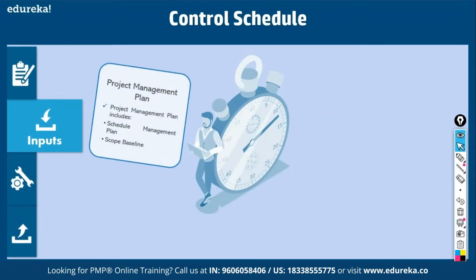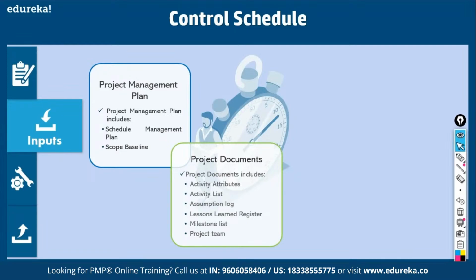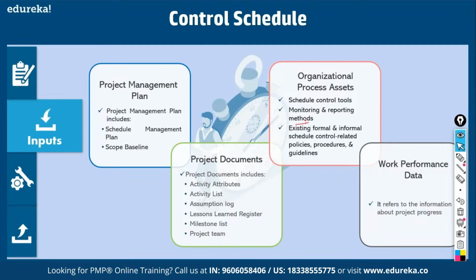Fine. So plan is an input, project documents are inputs, organizational process, any control tools, reporting methods are inputs. Okay. Then work performance data, which activity has started, which has not started, which has ended, right?